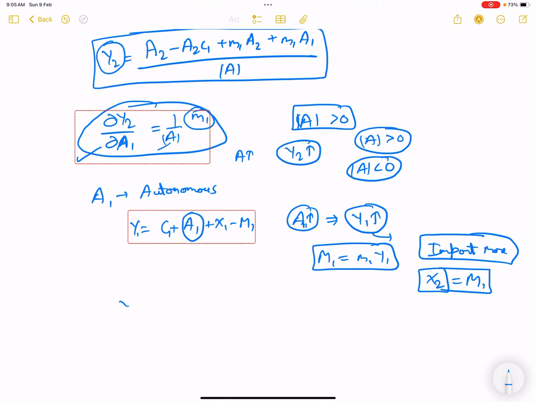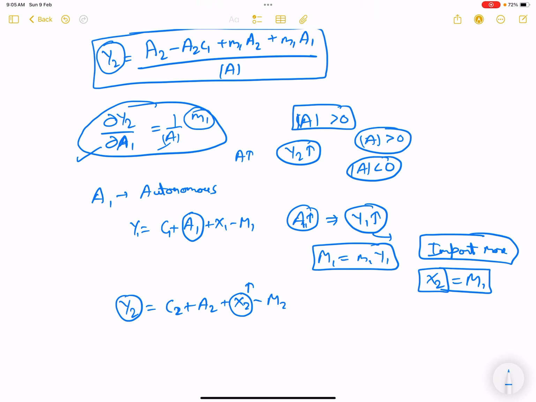And if x2 increases, then we have c2 plus a2 plus x2 minus m2, and if this is increasing, y2 would also increase. So if a1 increases, indirectly we will know y2 increases, and this process will keep on occurring, because if y2 is increasing, then imports from country 2 would increase.